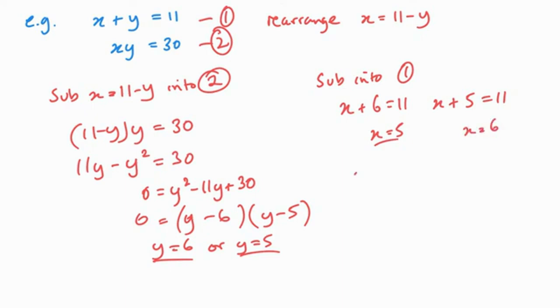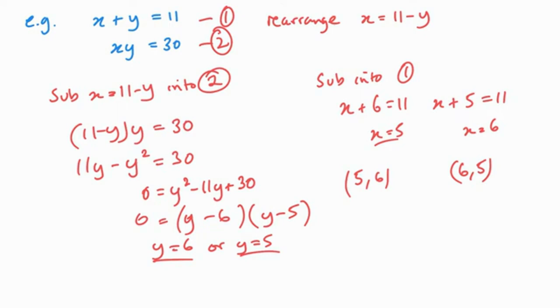So as a pair, I've got 5, 6 as one answer, and 6, 5 as my other answer. Okay, obviously it doesn't always work out this way. And then just like we did in the last video, you can substitute these back into the other equation just to double check. So I can substitute both of these back into equation 2 to check, but I can see straight away 5 times 6 and 6 times 5, they're both 30.